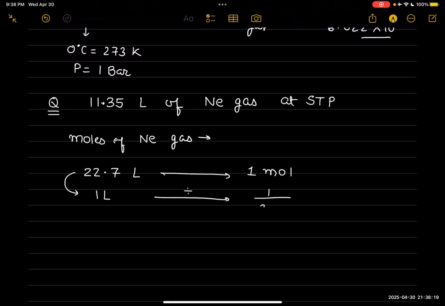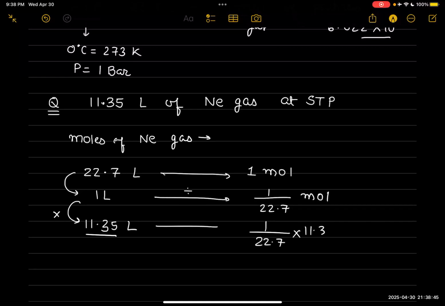This is 1 by 22.7. And how many liters have I taken? In the question, I have taken 11.35 liters. 1 to many, multiply. So multiply with this. Got it?